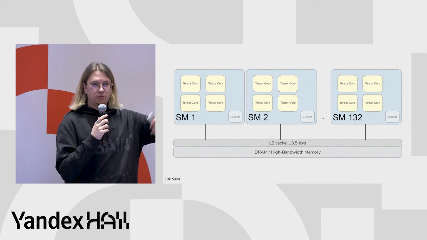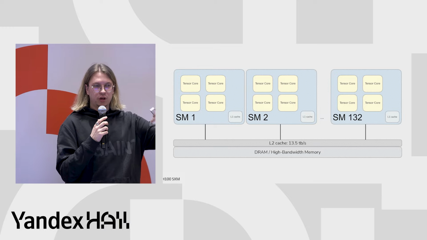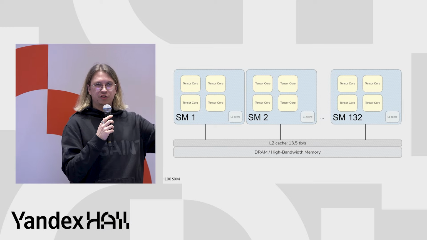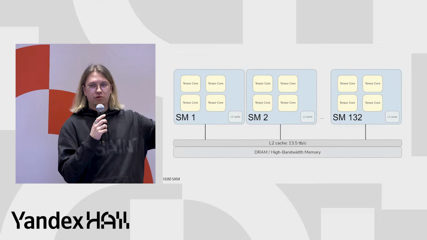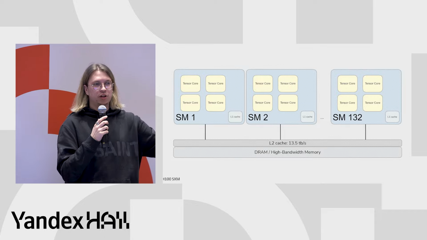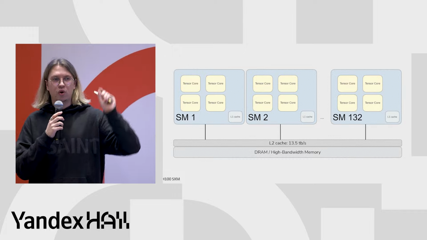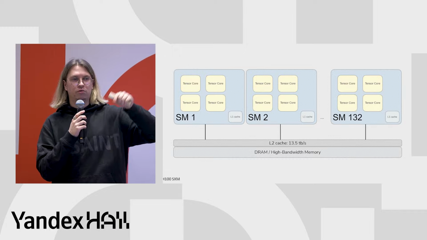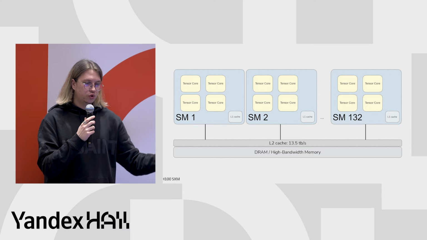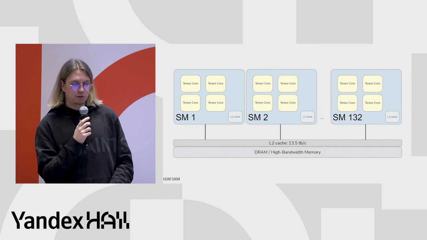So basically, you have this memory hierarchy, which means that you can access memory a little bit faster than always going and doing a round trip to the high bandwidth memory. But still, whenever you try to estimate how long it would take you to go to the HBM and read or write something to the HBM, you should use the estimates for high bandwidth memory.